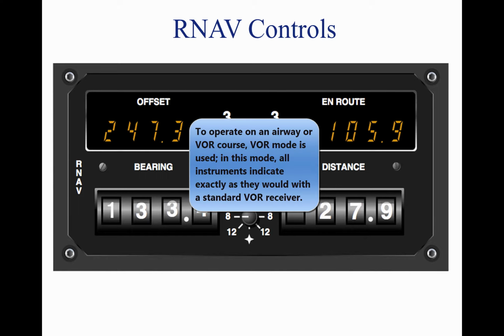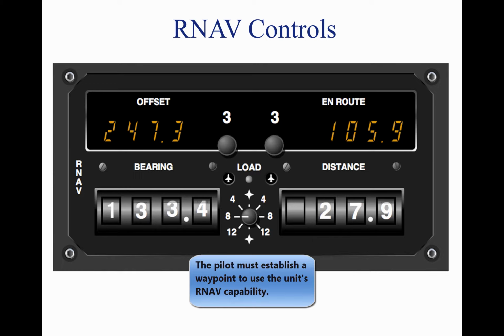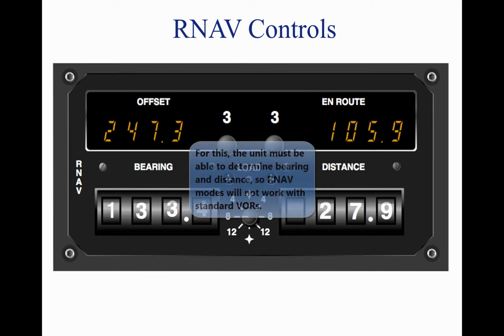For operation on established airways or any other ordinary VOR navigation, the VOR mode is used. To utilize the unit's RNAV capability, the pilot selects and establishes a waypoint or series of waypoints to define a course. To operate in any RNAV mode, the unit needs both radial and distance signals.